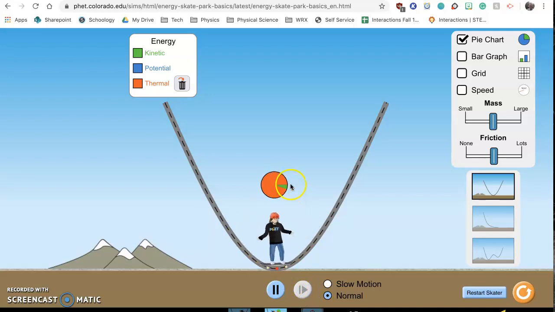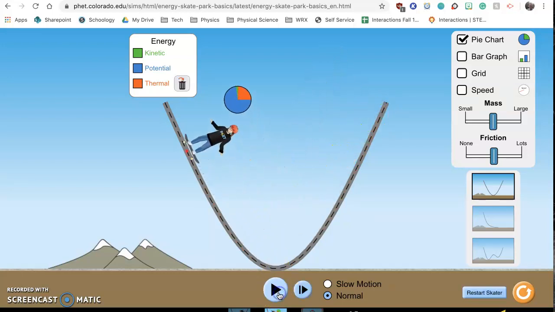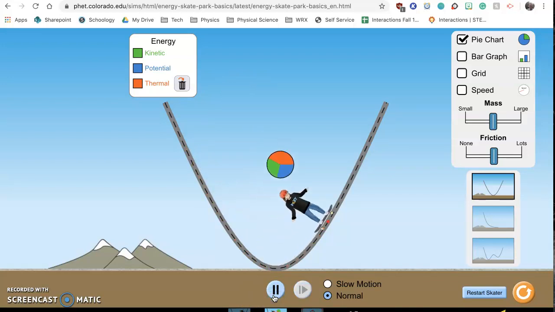In both of these settings, notice the size of the pie chart sort of represents the total amount of energy. So it's not getting any bigger. At the top of my ramp, I still have a lot of potential energy. I've got very little kinetic energy because he's not moving much up here, but I have almost a quarter already of thermal energy.